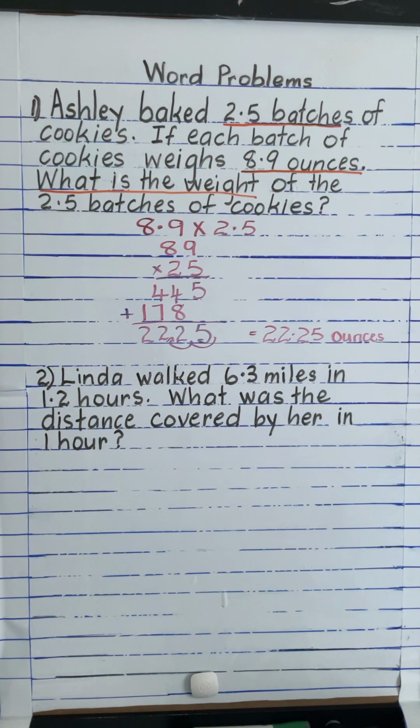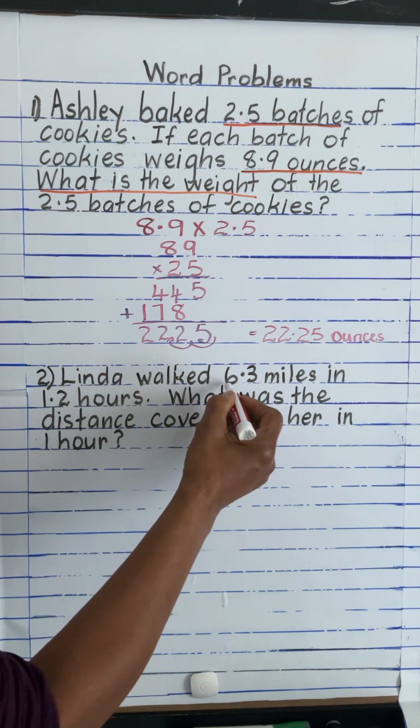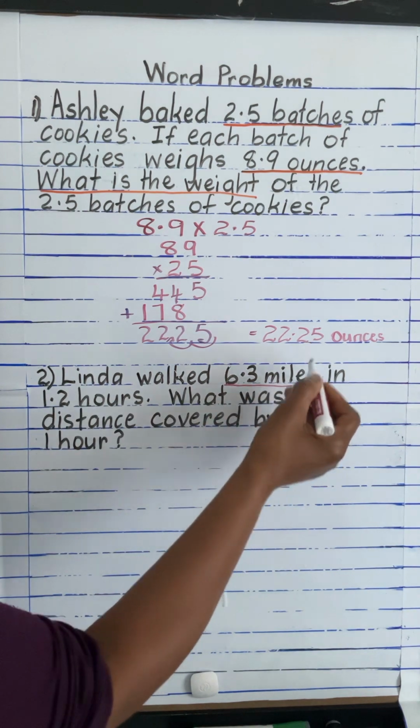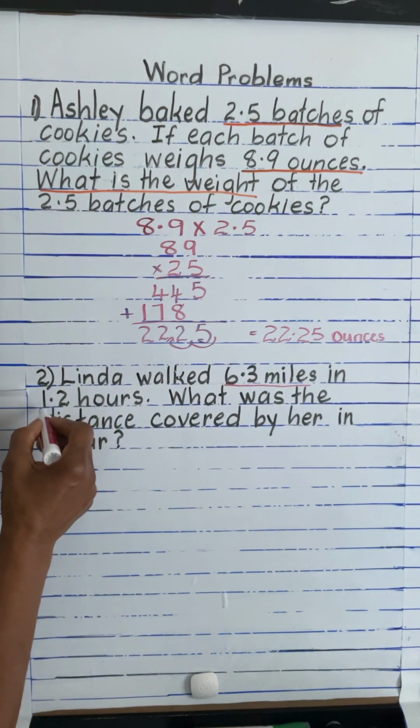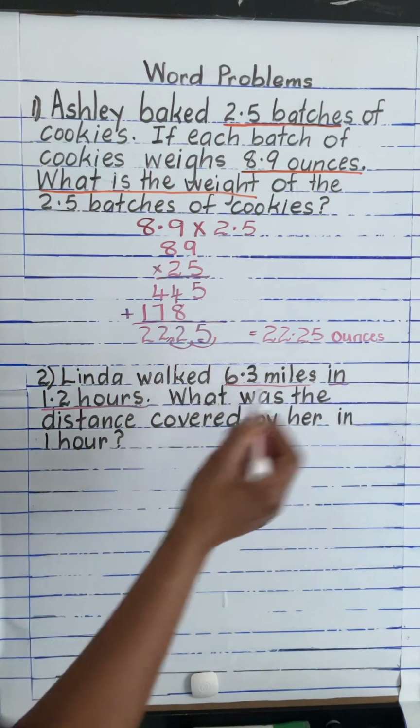Next, Linda walked 6.3 miles in 1.2 hours. What was the distance covered by her in 1 hour? So 6.3 miles in 1.2 hours.